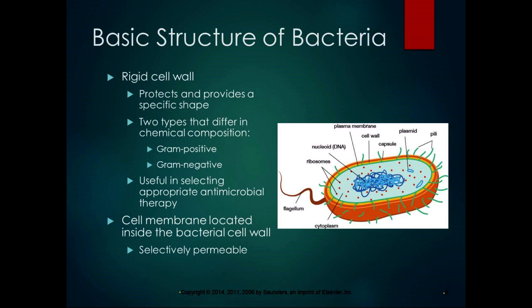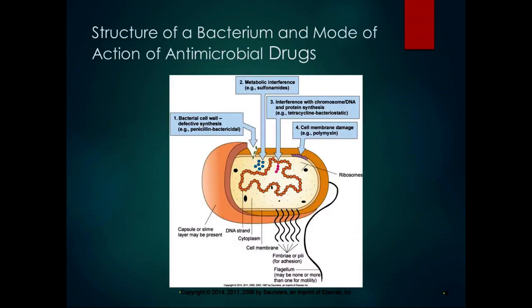We also have plasmids, which are little individual loops of DNA, and those can be acquired from other bacteria. A lot of times plasmids convey antibiotic resistance. So that's where we get into trouble with antibiotic resistant bacteria.